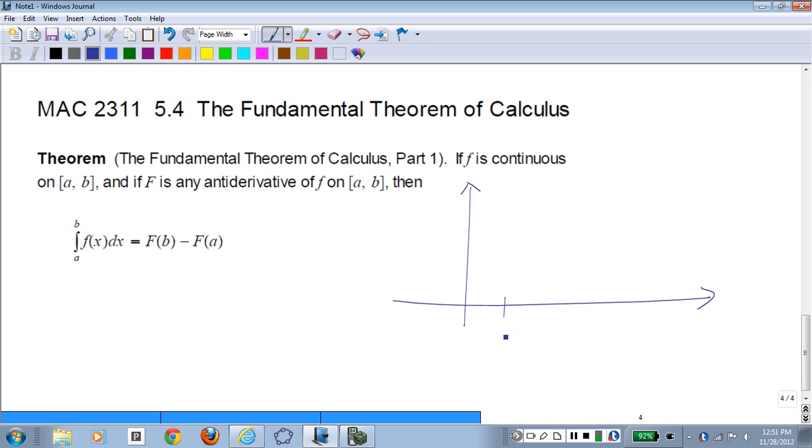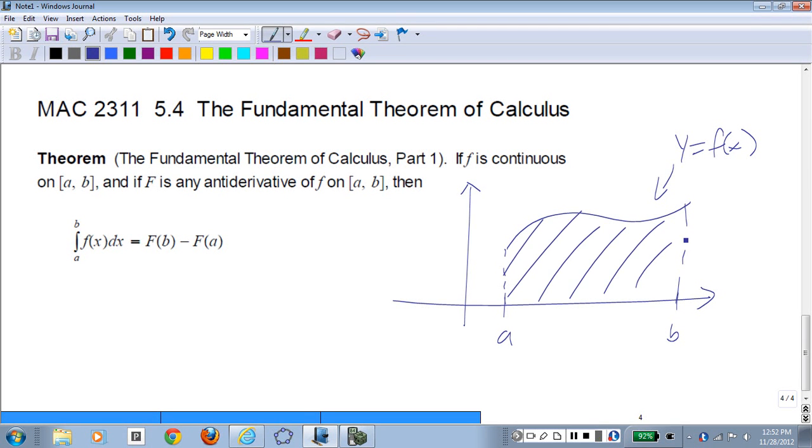So here's a function, something like that, and that's y equals little f of x. And we want to know, what is the area bounded by the curve and the x-axis?